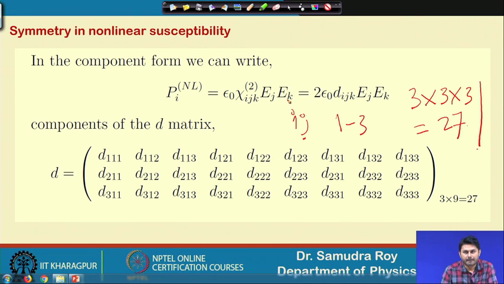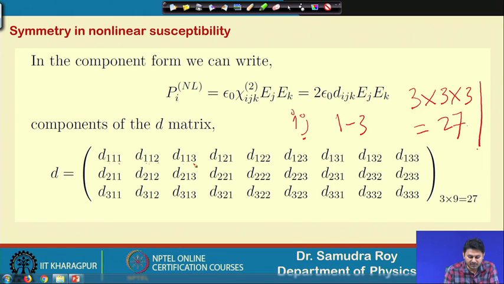In this matrix form, I try to write all these 27 elements. If you see, my first term is 1 1 1, then 1 1 2, that means I am not changing i and j, they remain the same, I am just changing the k value.